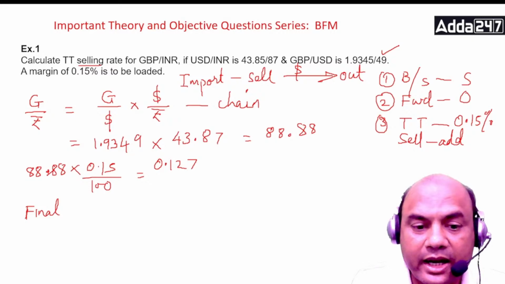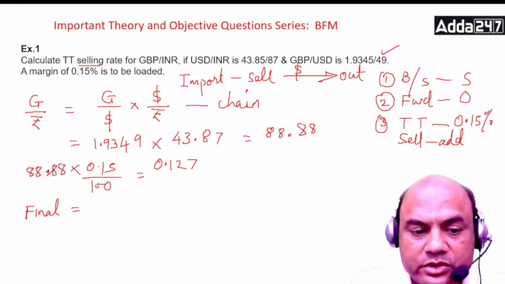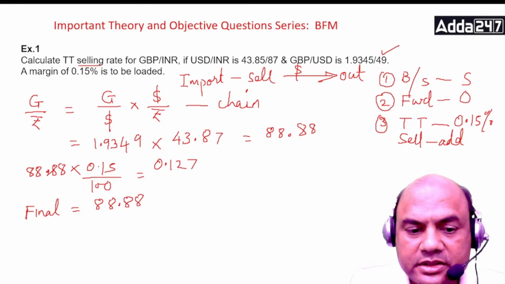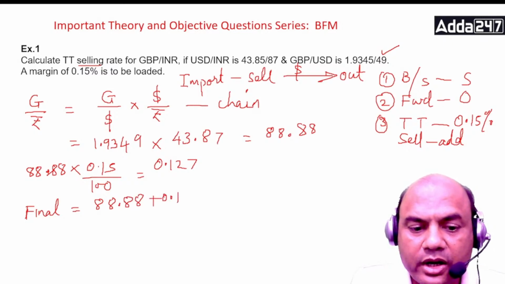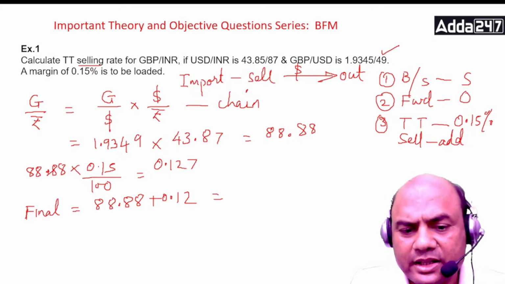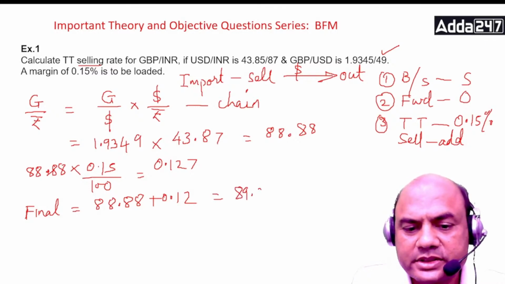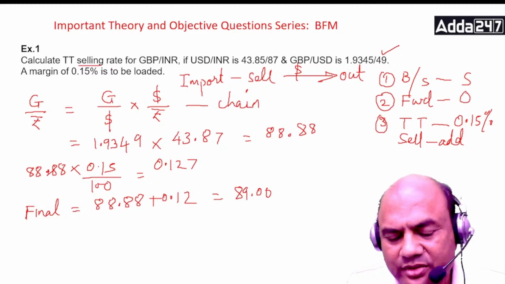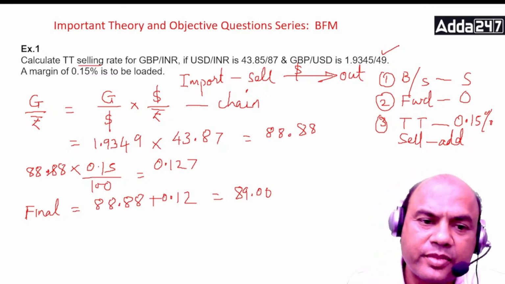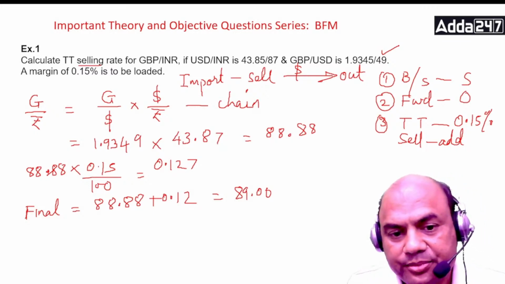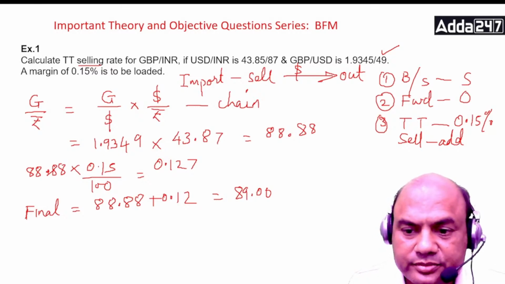So here I'll add. My final rate equals 88.88 plus 0.12, so it is 89.00. So this is your final rate. Got it?